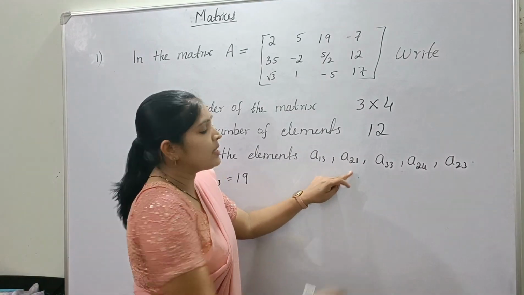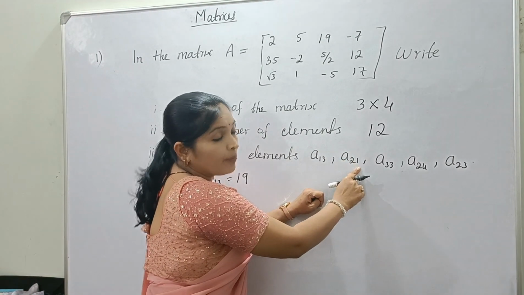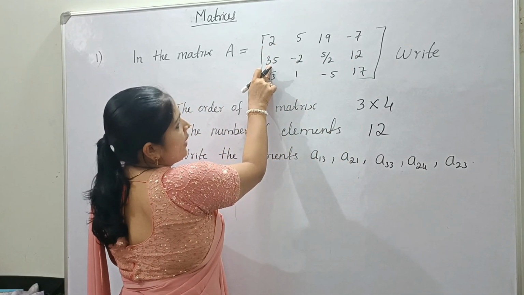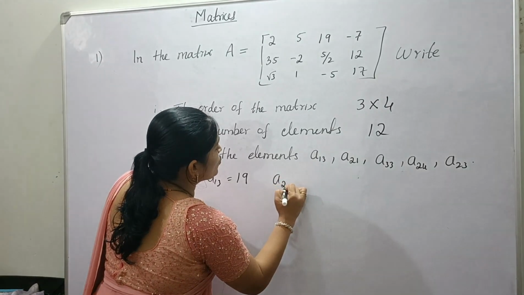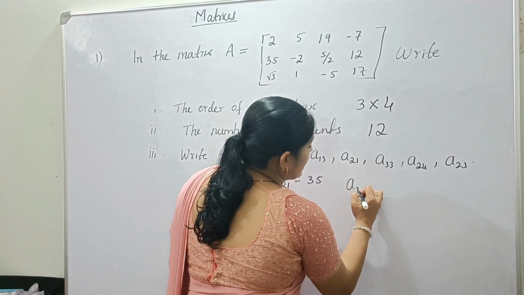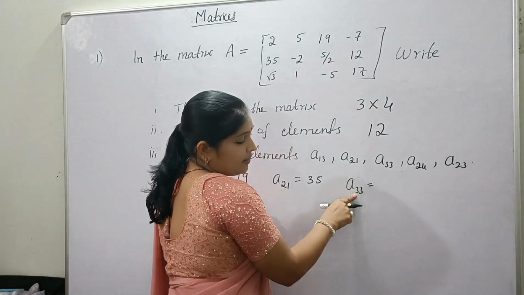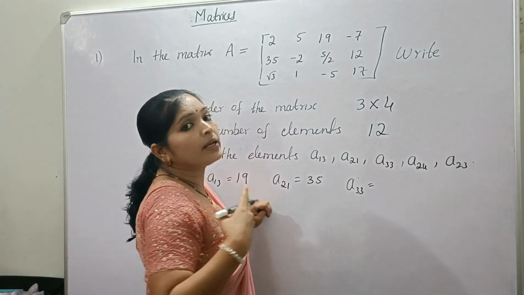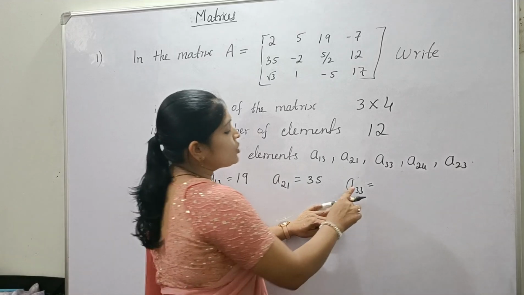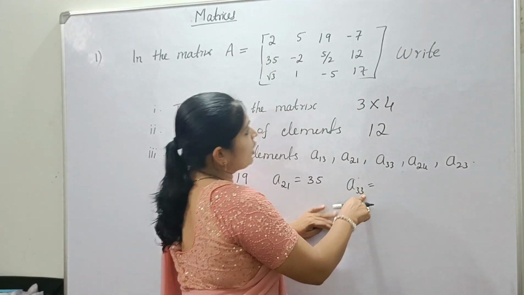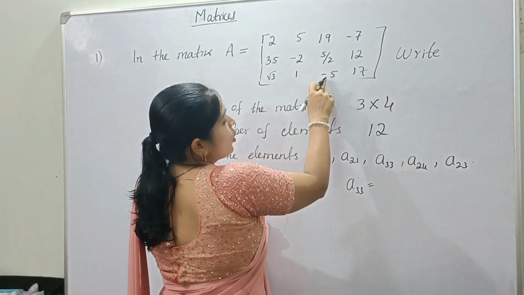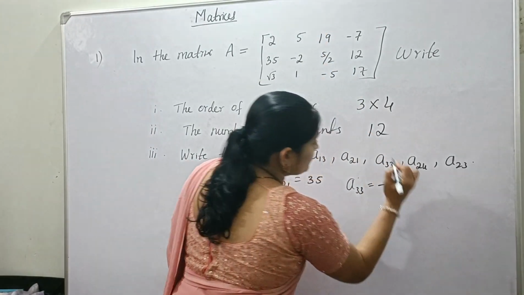And A21, second row, first column, that is A21 is equal to 35. Next, A33. Here the first index represents rows and the second represents columns. So third row, third column, that is minus 5.